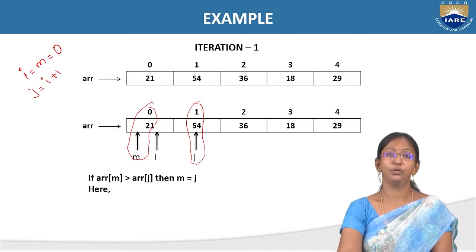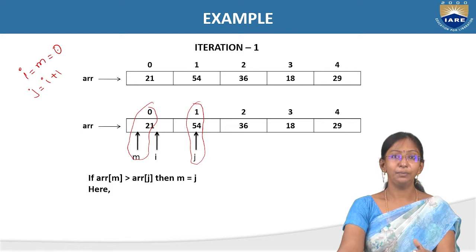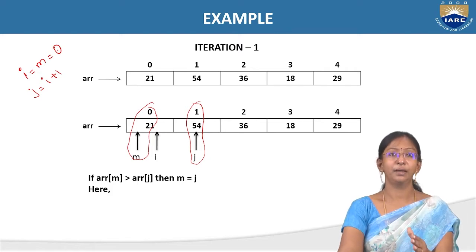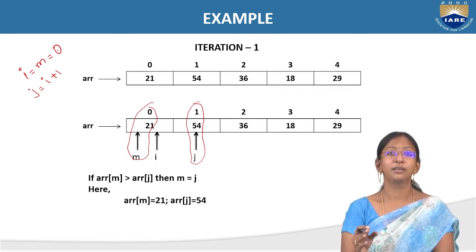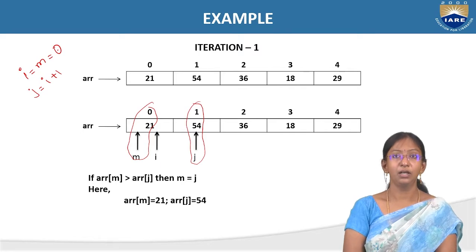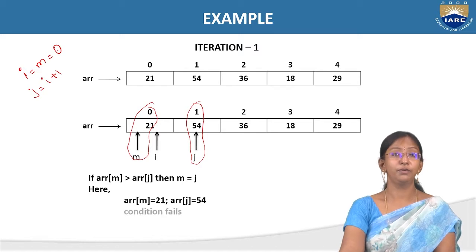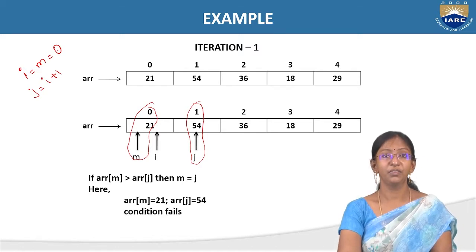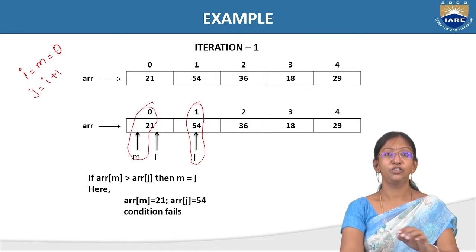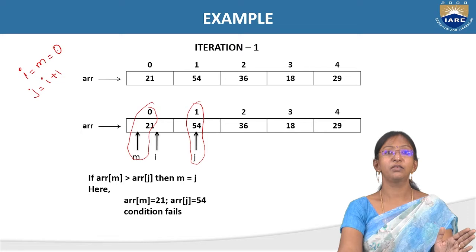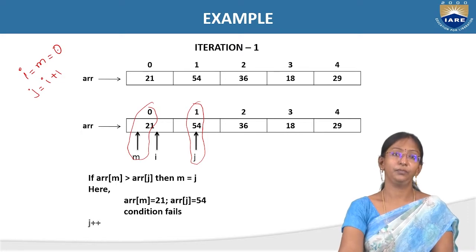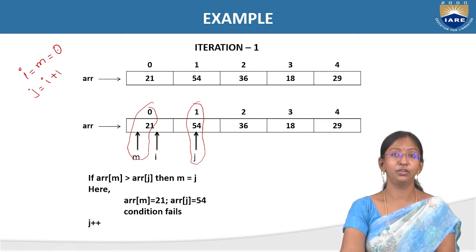In this example, the element pointed to by M is 21, whereas J is 54. Is 21 greater than 54? The condition fails. If the condition fails, don't shift the position of either I or M, just shift J. I have incremented J.